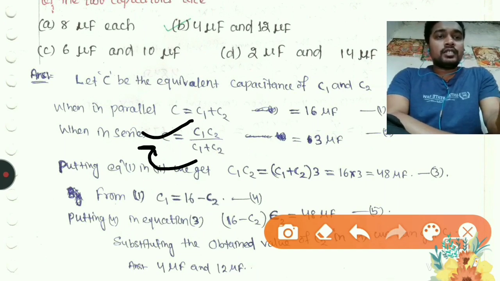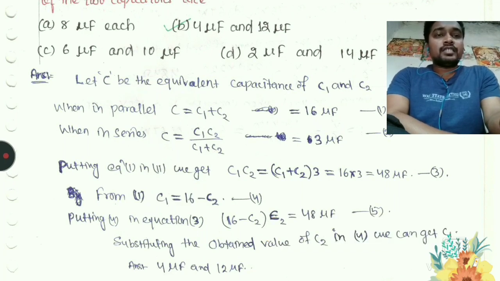That is, C1 C2 becomes 48 microfarad, and from equation 1 we can calculate the value of C1: C1 equal to 16 minus C2. So putting equation 4 in equation 3 becomes 16 minus C2 whole into C2. So we can calculate C2 from here, then we can calculate the value of C1. Okay, this is easy.